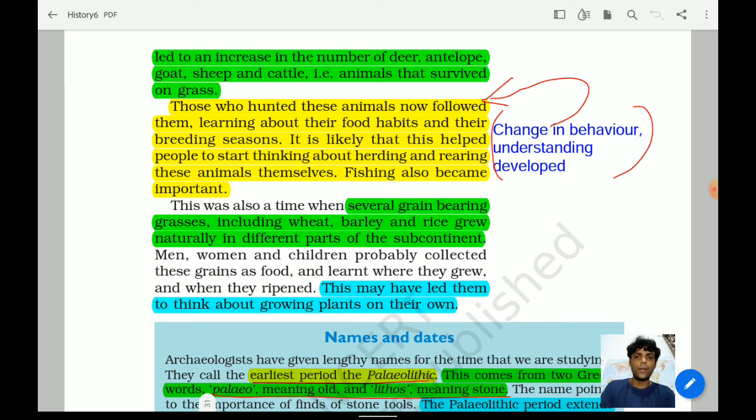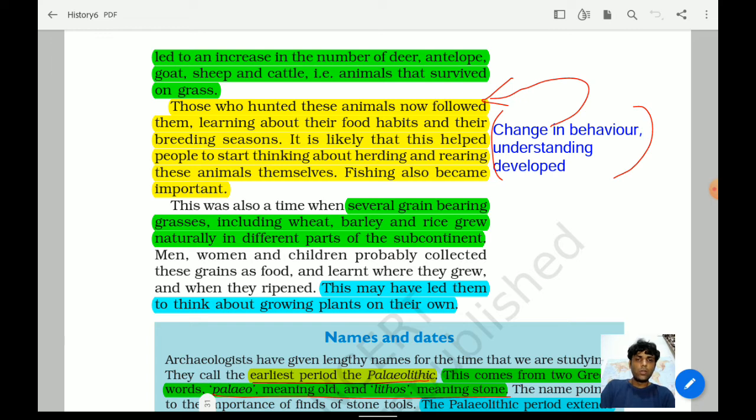Okay. So fishing also became important. Several grain bearing grasses, because the environment was changing, including wheat, barley, rice, grew naturally in different parts of the subcontinent. So they also understood that they could get sufficient food from these barley, rice, or the naturally grown grains, which were available in the nearest grasslands possible.